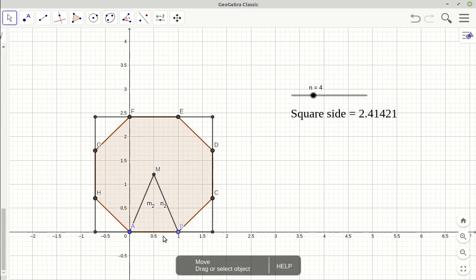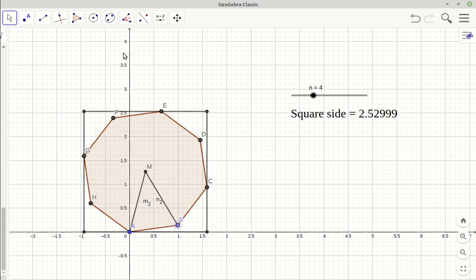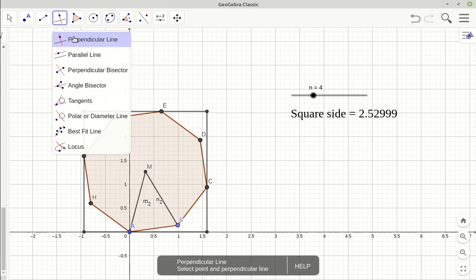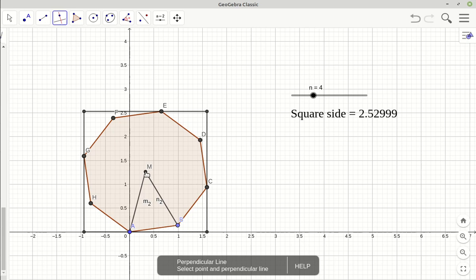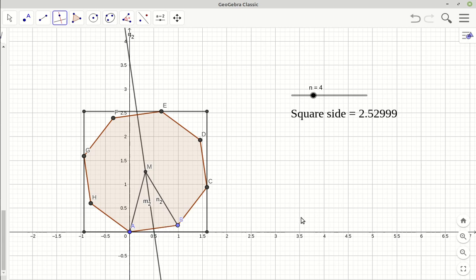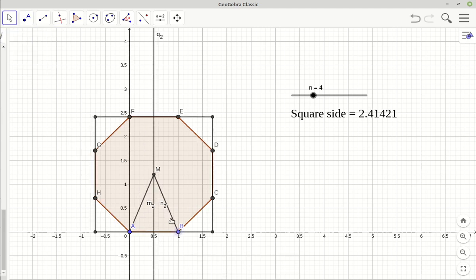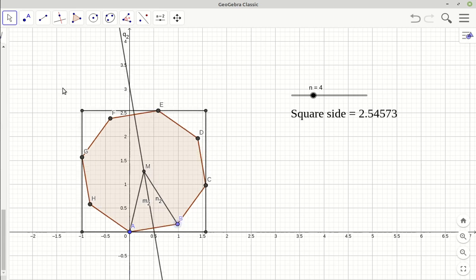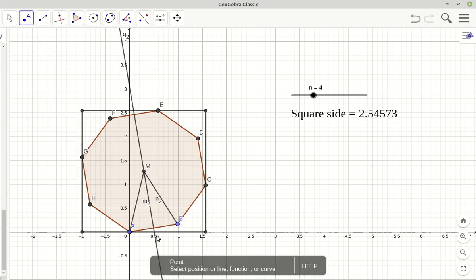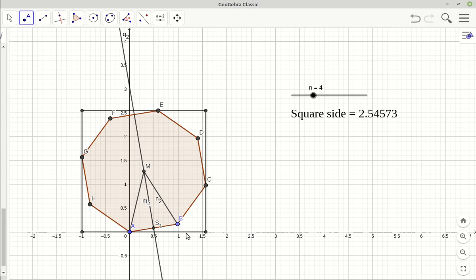So let's draw this height. So we drop a line from this point M to the side that is perpendicular to this side. So we have this isosceles triangle. Let's also mark the point of intersection here.